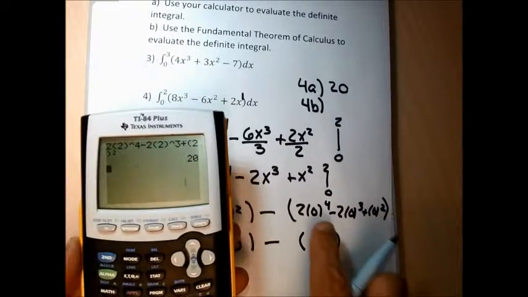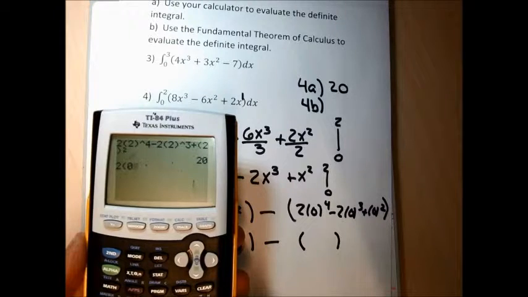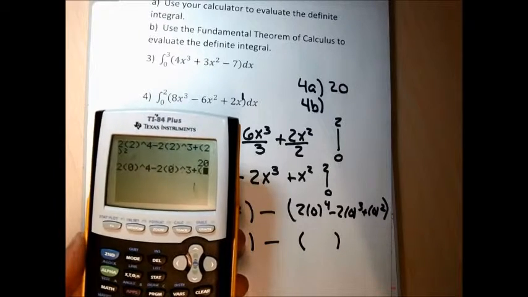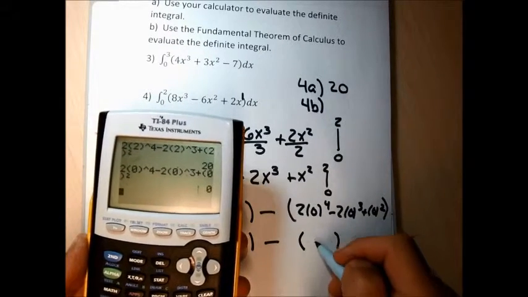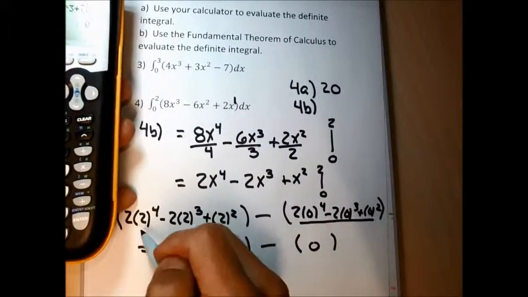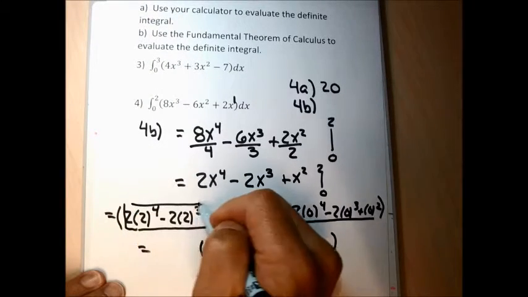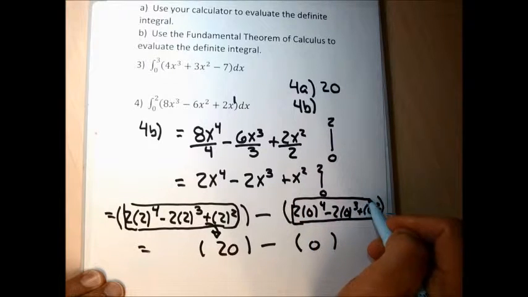For the next parentheses: 2 parentheses 0 up arrow 4 minus 2 parentheses 0 up arrow 3 plus parentheses 0 squared. The inside of that comes out to 0. I'm not entering the big parentheses around each of these. I'm just entering this stuff on my calculator because I don't really care to do that grunge by hand.